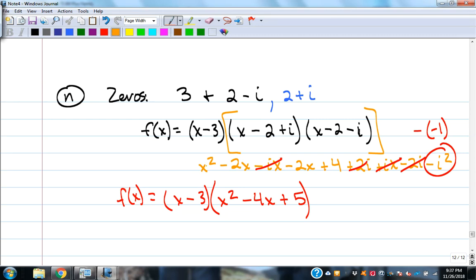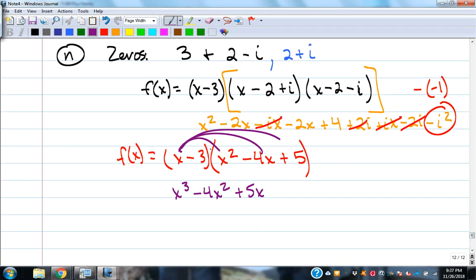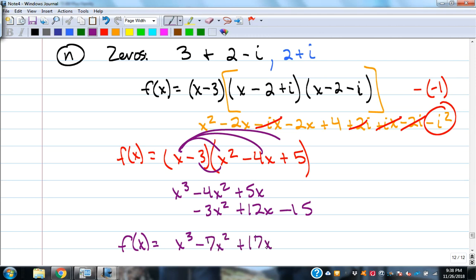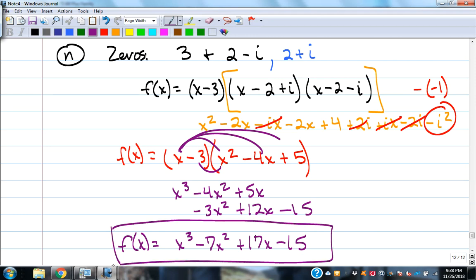As Joe says, you say that about everything. x times x squared, x cubed, minus 4x squared, plus 5x. Multiply everything by negative 3, excuse me. Minus 3x squared, plus 12x, minus 15. Simplify, and be done. x cubed minus 7x squared plus 17x minus 15. And you're done. Boom.